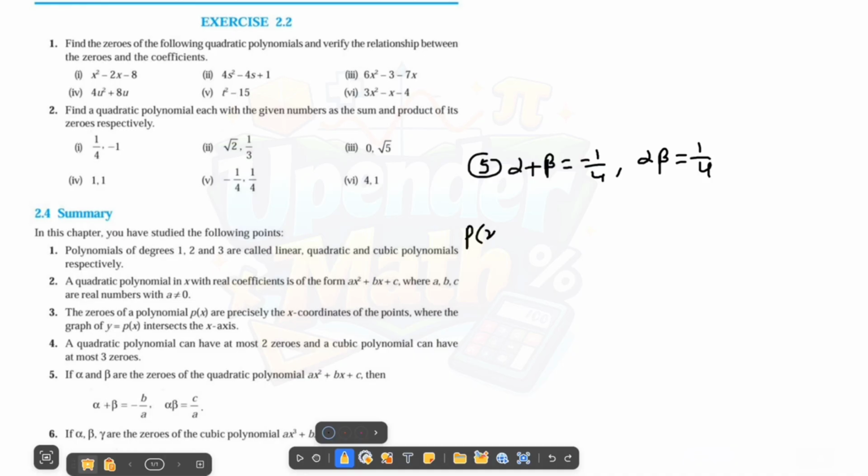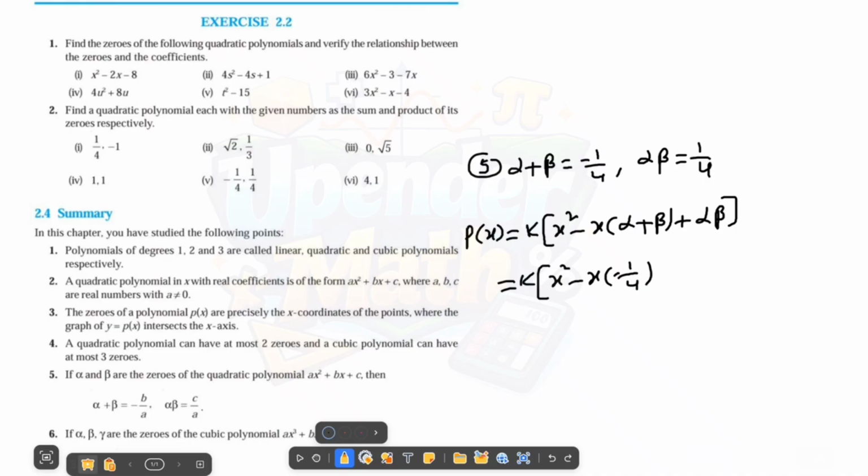P of x is equal to k of x square minus x of alpha plus beta plus alpha into beta. Now k of x square minus x of alpha plus beta is equal to minus 1 by 4, right? Alpha into beta is equal to plus 1 by 4.